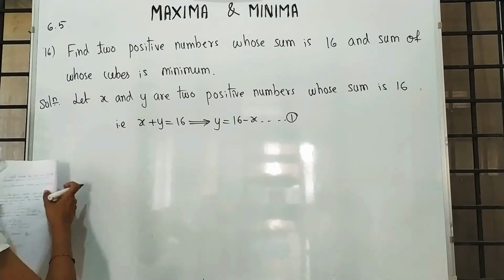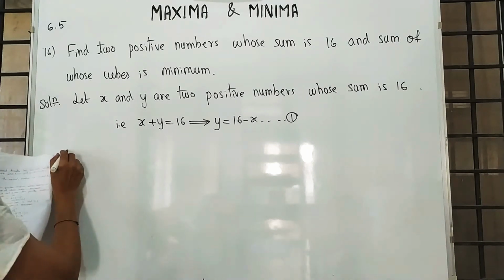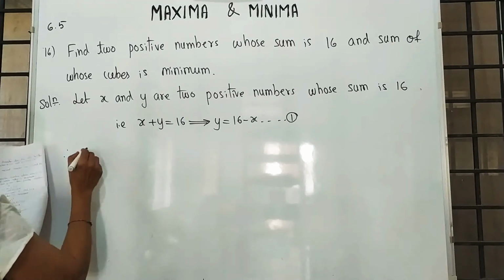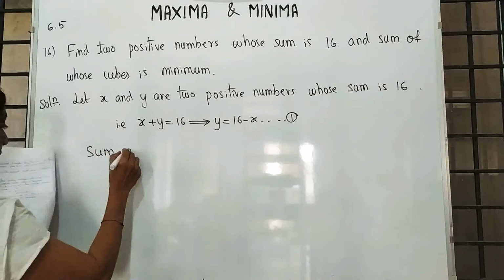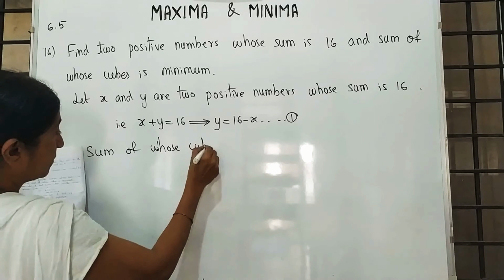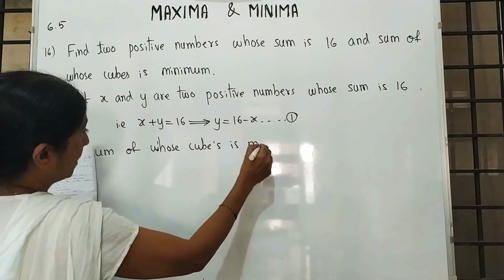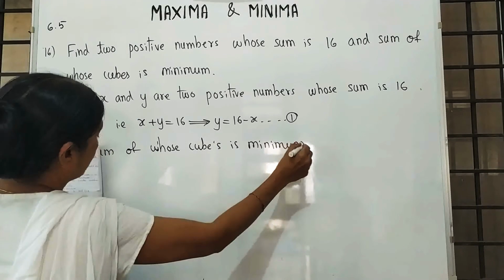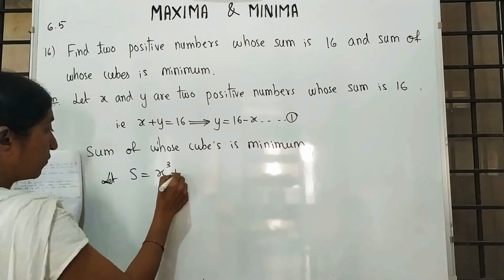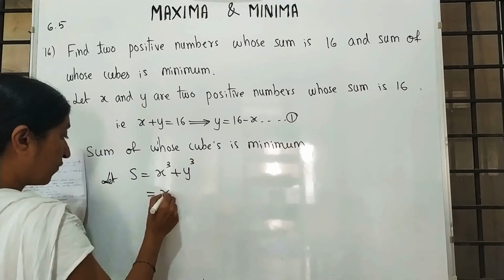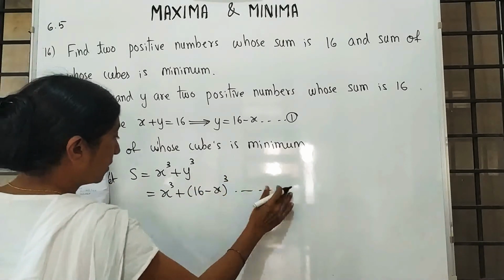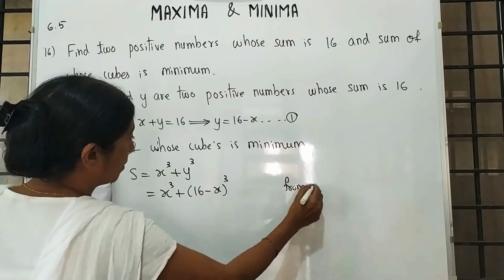The sum of whose cubes is minimum. Therefore, let S is equal to x cube plus y cube. But y is 16 minus x whole cube. This we are writing from equation 1.